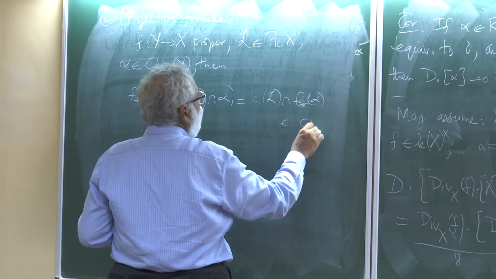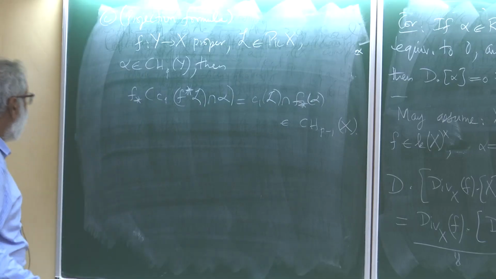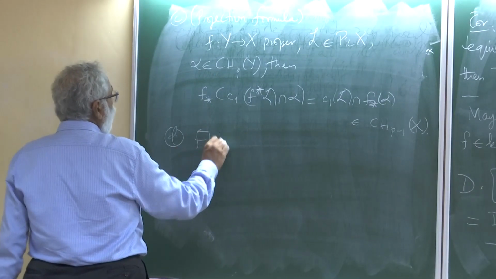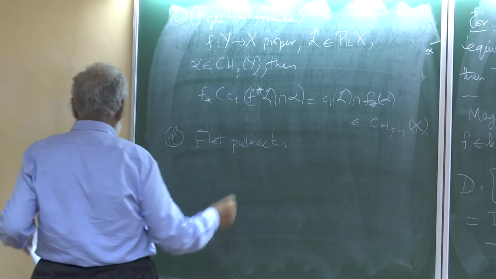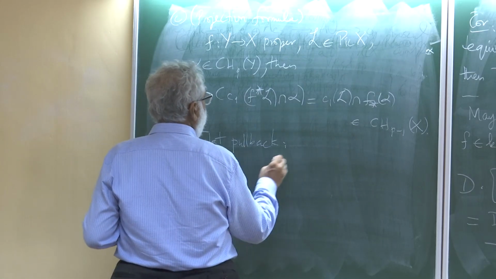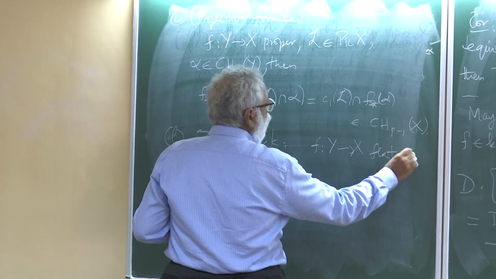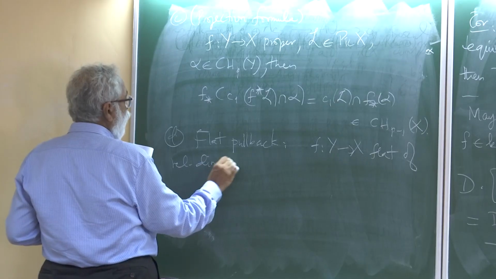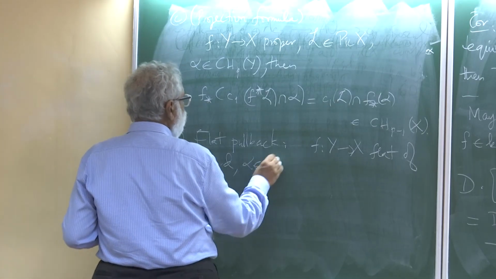in Chow_{p-1}(X). And then similarly flat pullback. f from Y to X flat of relative dimension d, then alpha in Chow_p(X).